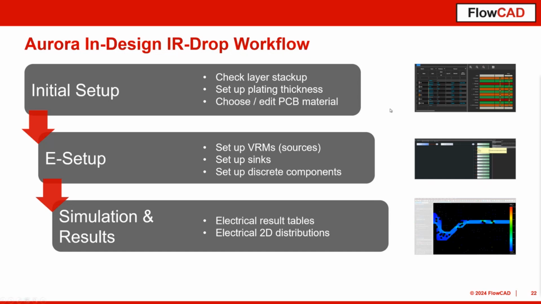In the next step, you have to define the so-called VRMs, voltage regulator modules. That is your source. And on the other side, you also have to configure your sinks. In this case, we need as an input parameter the current that goes into the devices.